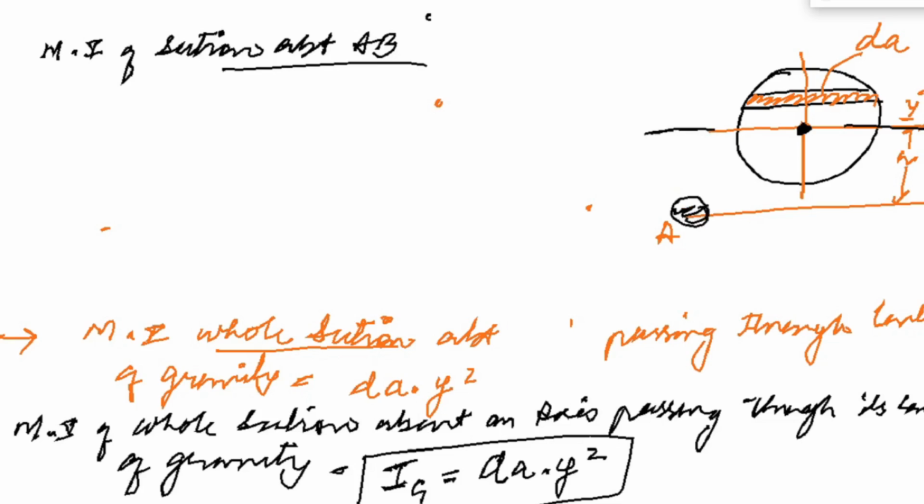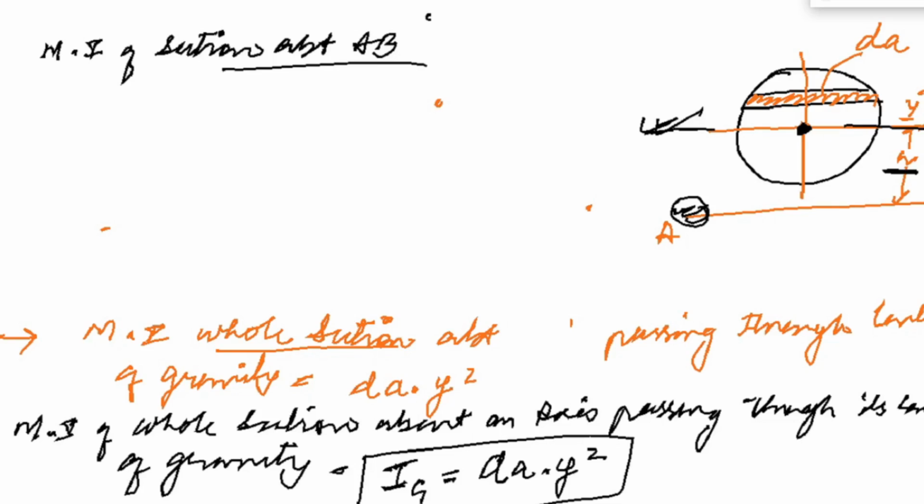It is actually a line which is parallel to the axis passing through the center of gravity, which is this one, right? It is the axis passing through the center of gravity, and then we have a parallel line which is somewhere far away at a distance of h from the axis which is passing through its center of gravity.